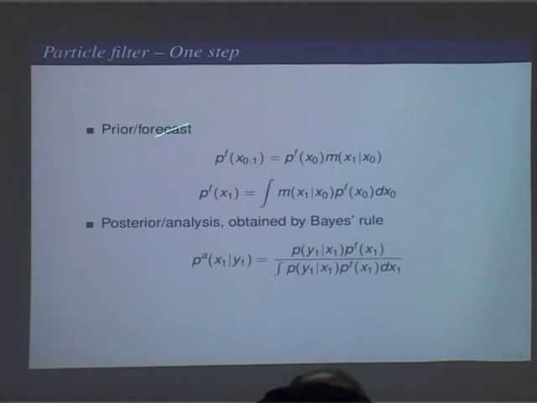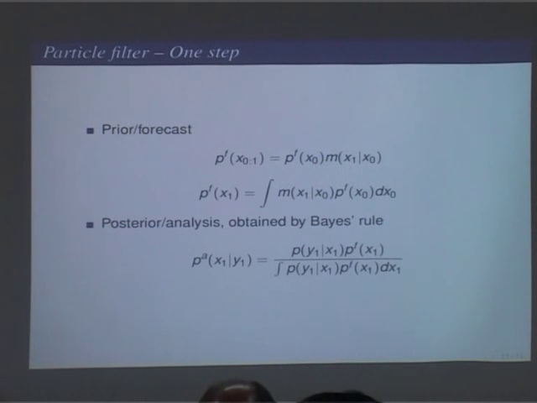So, one step in the most generic particle filter: I have my prior on time 0 and 1. I can find that for time 1 by doing this integral.